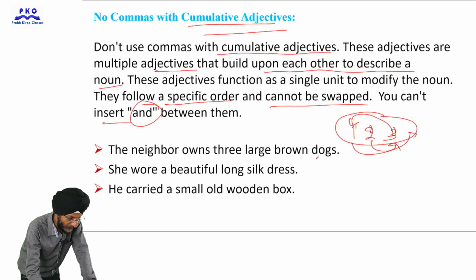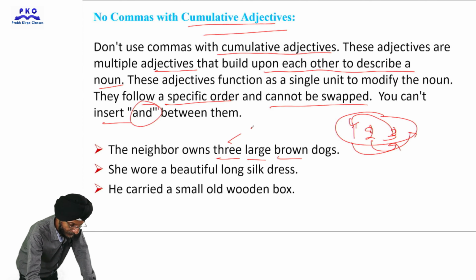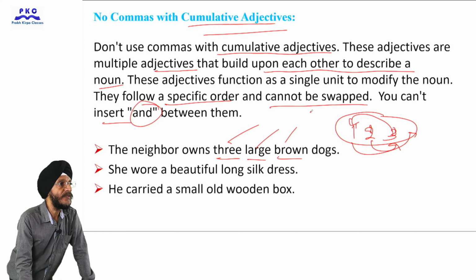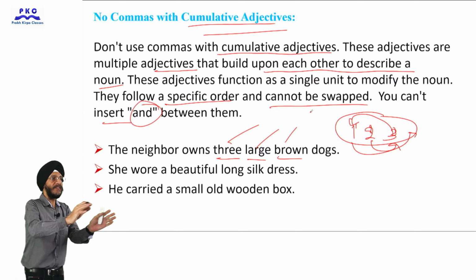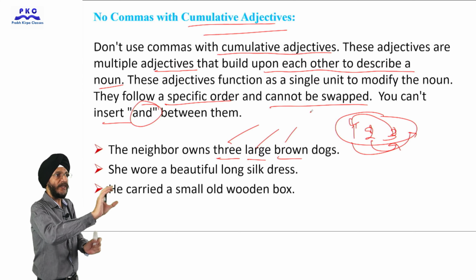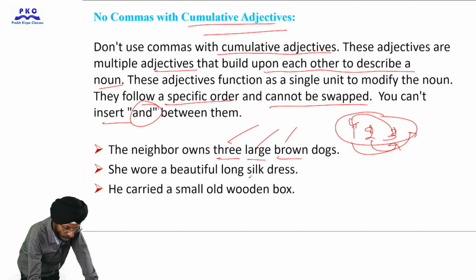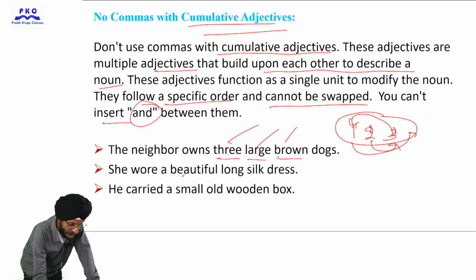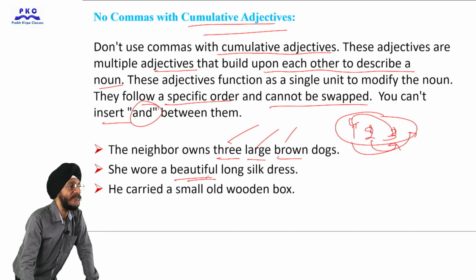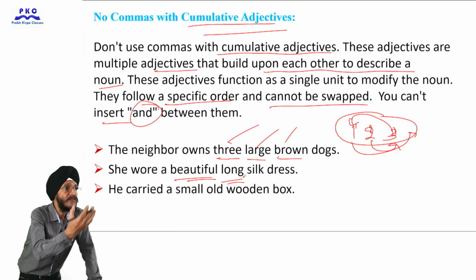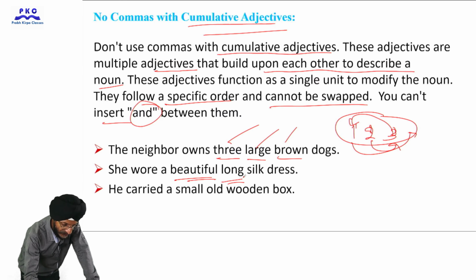So here the cumulative adjectives are 3, large and brown. 3 is the number, large is the size, brown is the color. So there is no comma between these 3 cumulative adjectives. Next is, she wore a beautiful long silk dress. Beautiful is the appearance, long is size or length, and silk is the material.